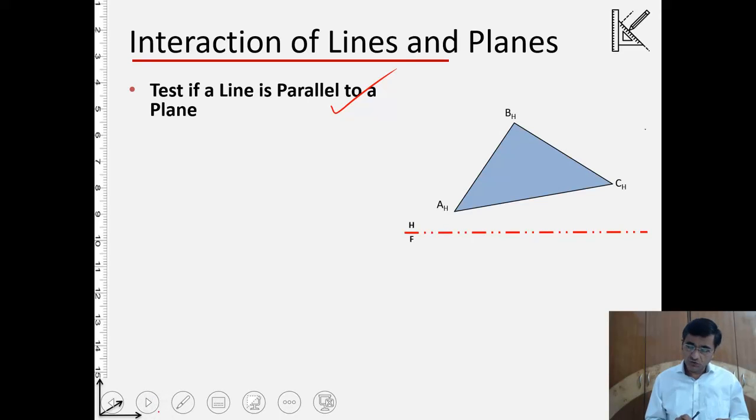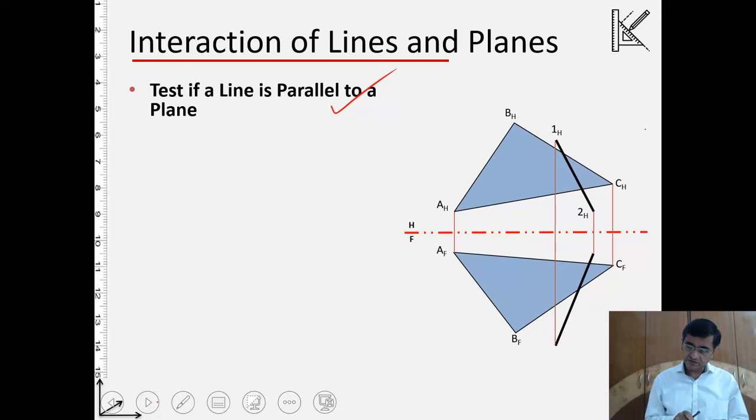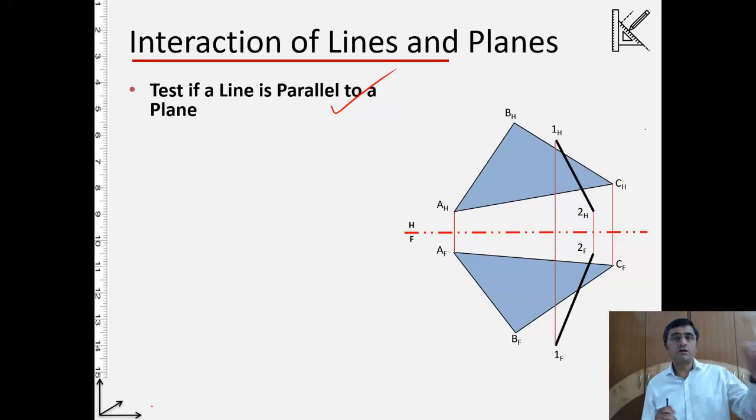Let me show you one example of this. So this is a plane ABC having its projections on the horizontal and the frontal, and then there is a line 1, 2, again having its projections on the horizontal and frontal. Now what we have learned so far, we will make use of that in order to test if the line is parallel to the plane just by the available information.